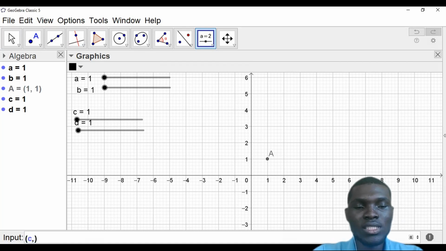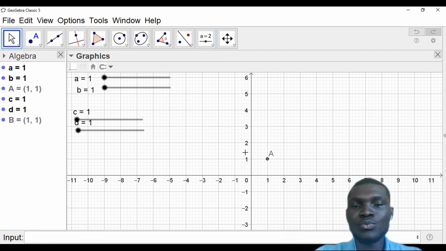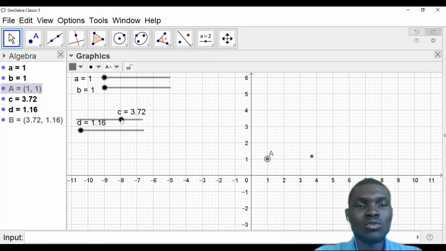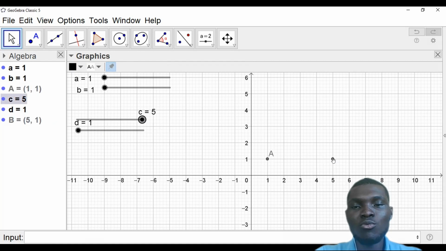So sliders C and D create my new point, B, which is shown here. Good. So you can see that C is responsible for the horizontal movement, whilst D is responsible for the vertical movement of the point. So that's my new point B.